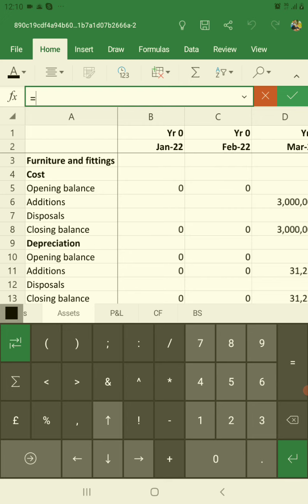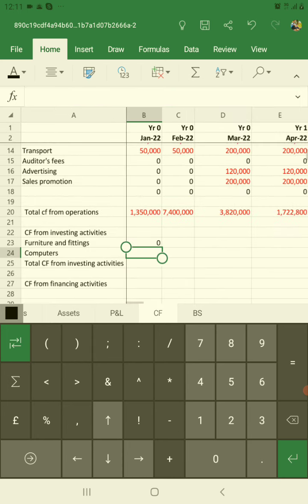So instead of just picking the figure for asset additions here, I should start with the minus sign first. So equal sign and then minus, and then pick the addition column for January here, furniture and fittings here.